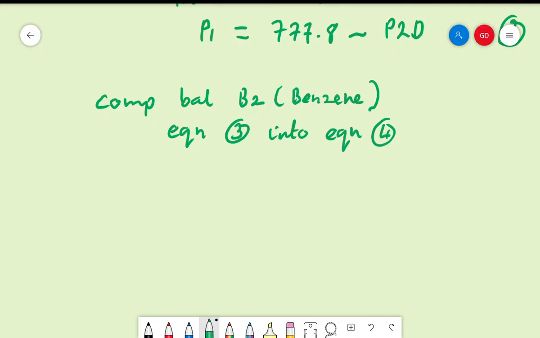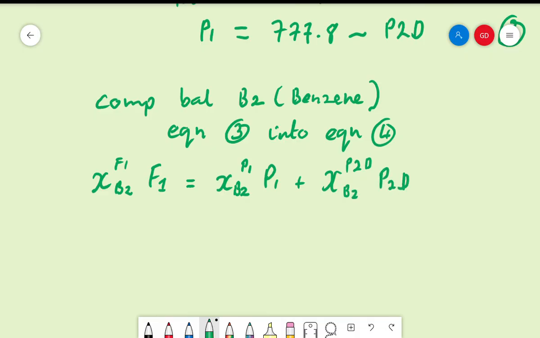So the component balance here is X benzene in F1 multiplied by the total stream of F1 is equivalent to X benzene in P1, you got P1 there, plus X benzene in P2D multiplied by the P2D stream, plus X benzene in P2B multiplied by the total stream of P2B.